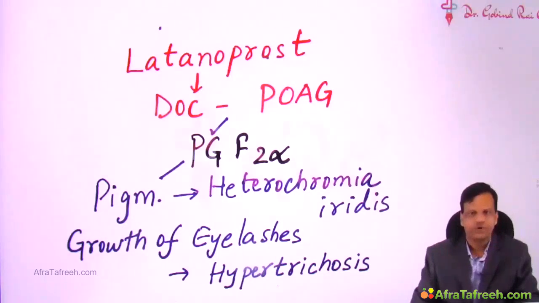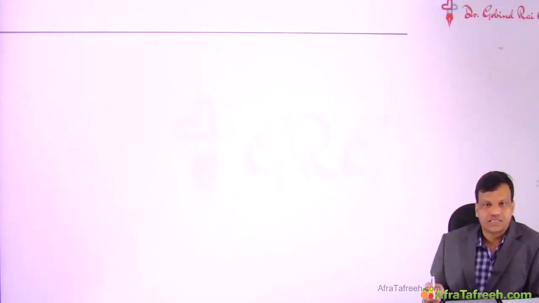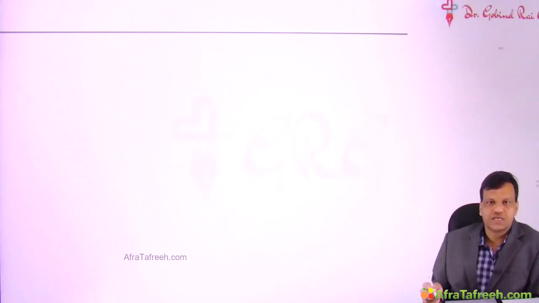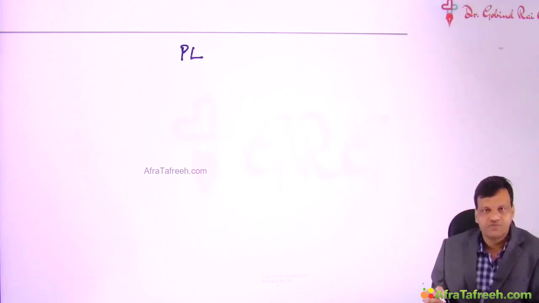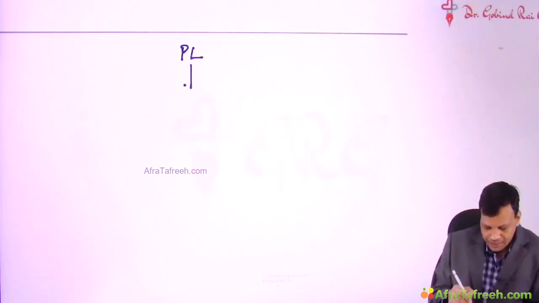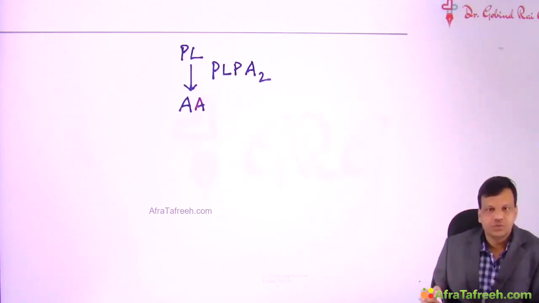So these are the important points regarding the prostaglandins. Earlier we discussed prostaglandins, how they are synthesized and what are their functions. Now we will discuss the drugs which can inhibit the formation of prostaglandins. So if we revise, prostaglandins are formed from membrane phospholipids, which are metabolized to form arachidonic acid with the help of the enzyme phospholipase A2.